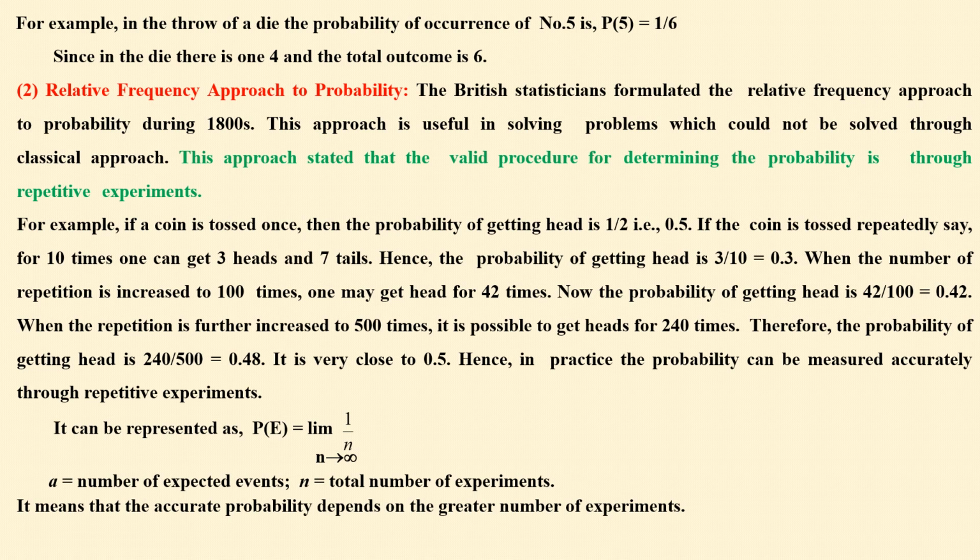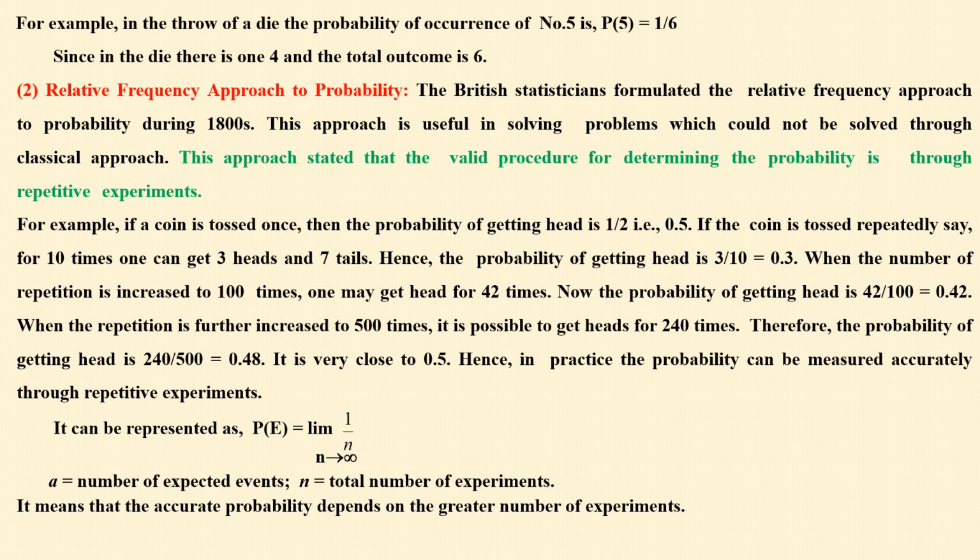For the classical approach, we can take examples like tossing of a coin, throwing of dice, or drawing cards from a well-shuffled pack of 52 cards. For example, a die contains 6 sides numbered 1, 2, 3, 4, 5, 6.